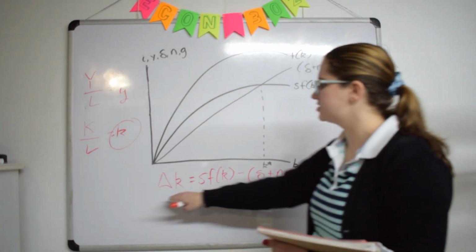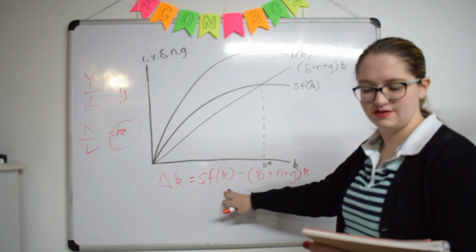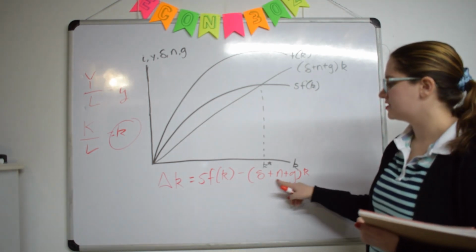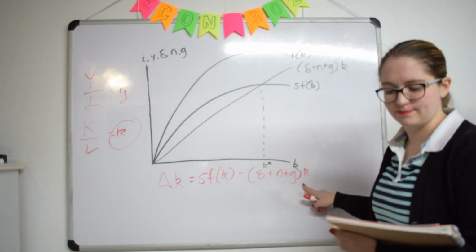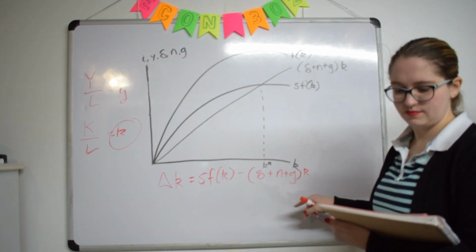It is the addition of capital depends on the amount saved minus the amount spent on depreciation, changes in the population, and labor efficiency per person. So all of this is in per person.